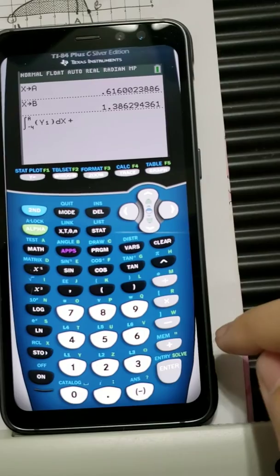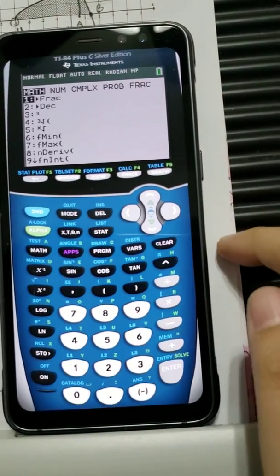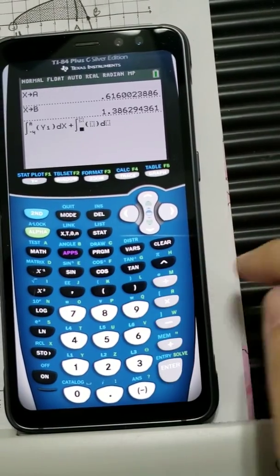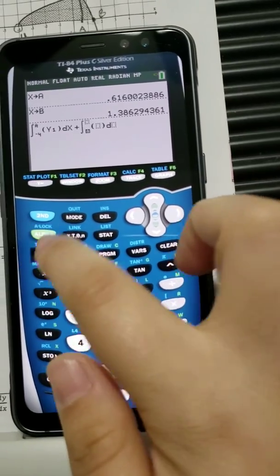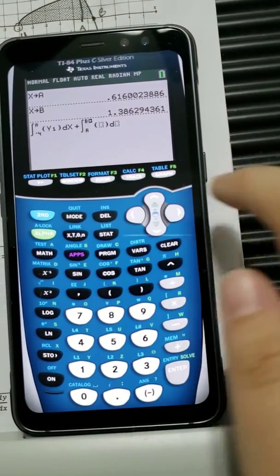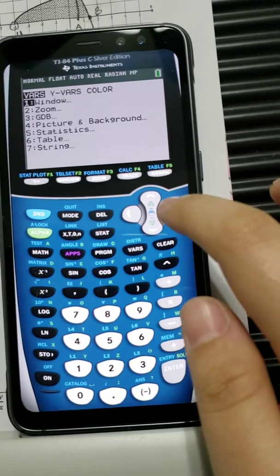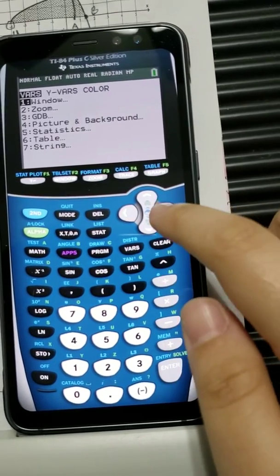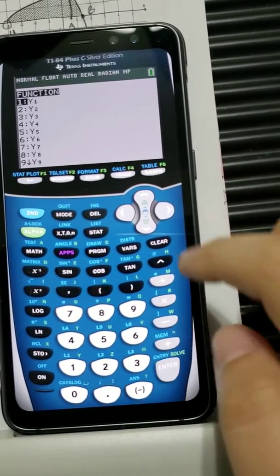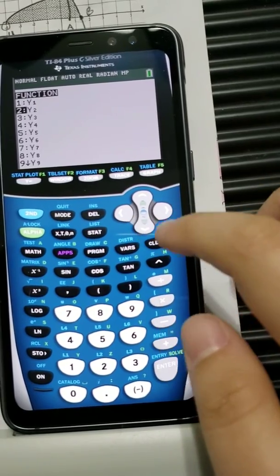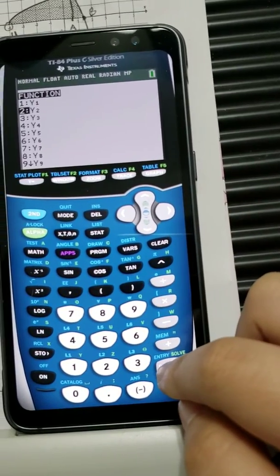I'm going to add it to the second part of our integral. Press math, go down to 9. Start at A, go to B, and now I'm going to press variables. Y variables, I want it to be the function that I wrote down, but instead of y1, I want to put in y2.